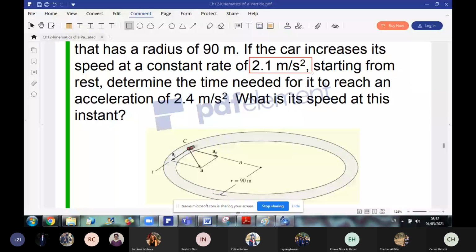So I can say here that AT, which is the tangential component, is equal to 2.1. And the radius of rotation is given to be 90 meters. Now, my car is starting from rest. This means that they gave me a boundary condition. So I will use it to say that at t equals 0, the velocity of my car is 0. Okay, so at t equals 0, v equals 0.